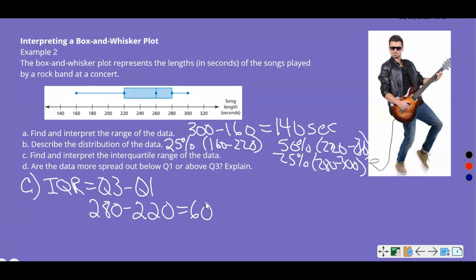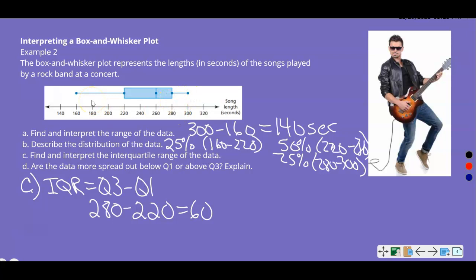And the last question says, are the data more spread out below Q1 or above Q3? If you look at it, you can see that the length of this whisker is longer. So you know that the data here is more spread out, and the data here is closer together on the number line.